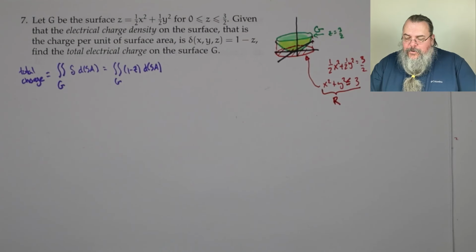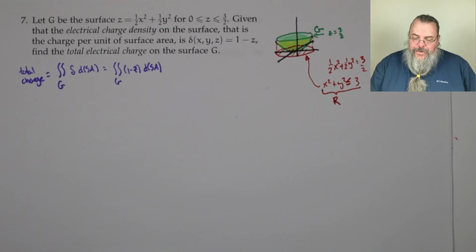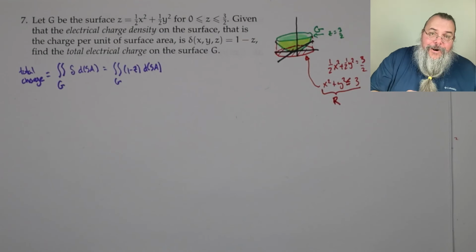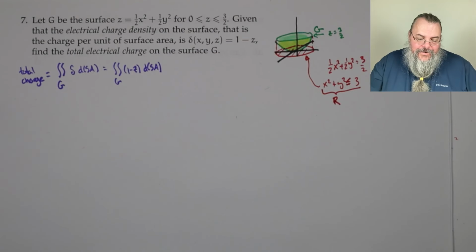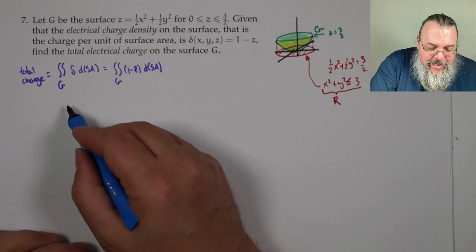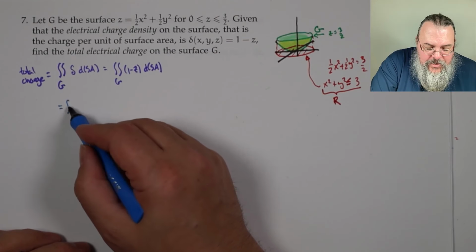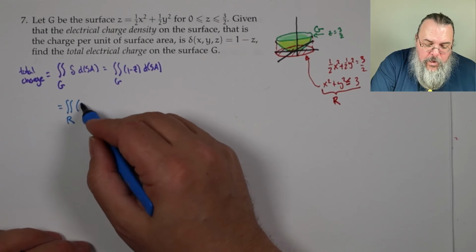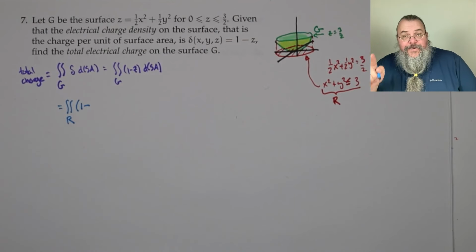All right, now here's what's going to happen. We are going to rewrite this integral in terms of R. So this is going to become the integral over R of 1 minus z.